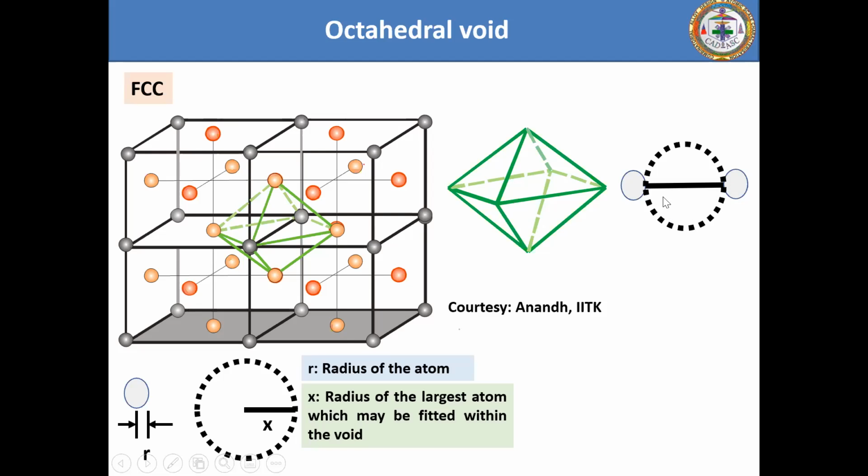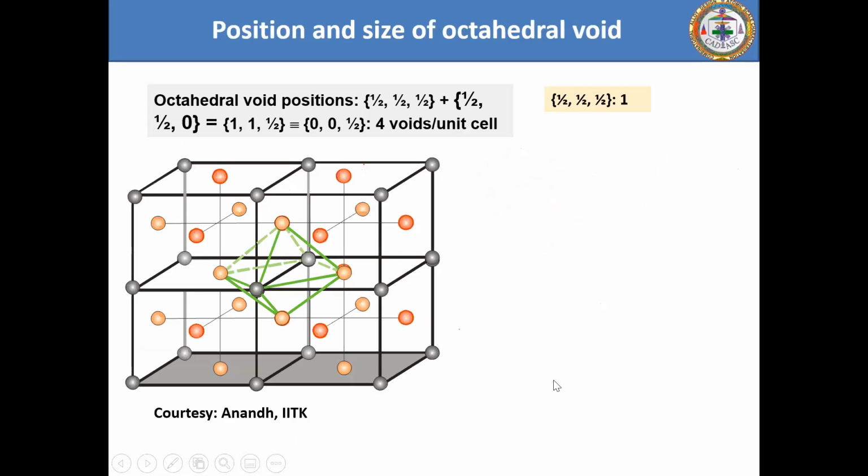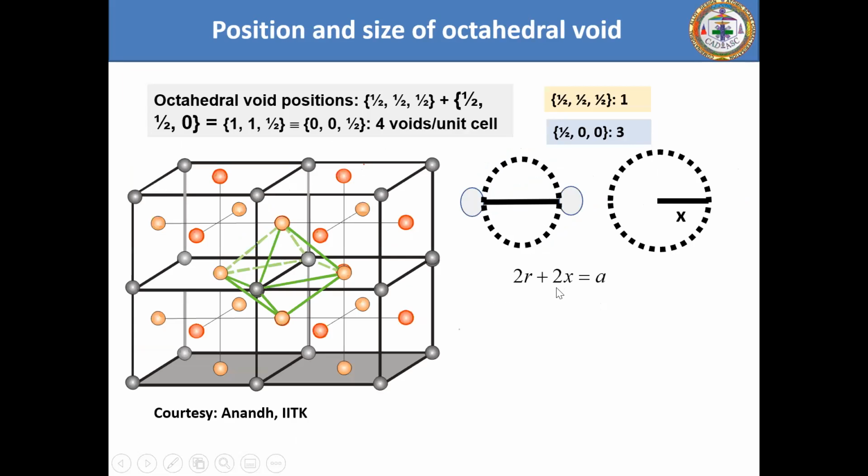Similarly, r is the radius of this, and r is again the radius of this. So it will be 2x plus 2r, which is equal to a. A is the lattice parameter. You are aware of the lattice parameter, right?